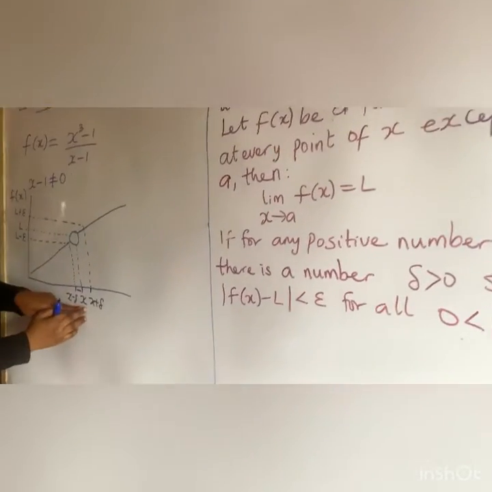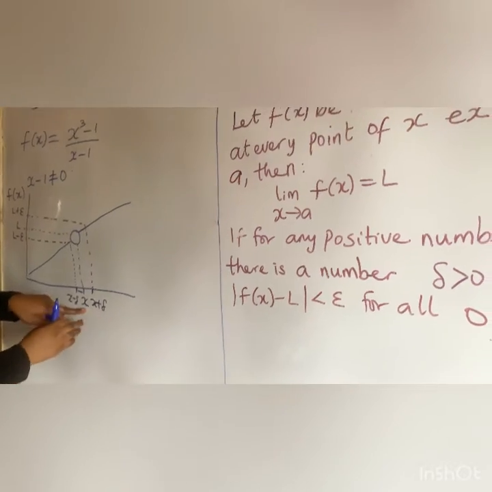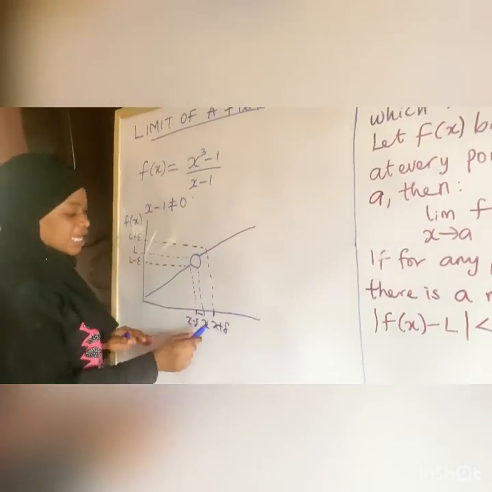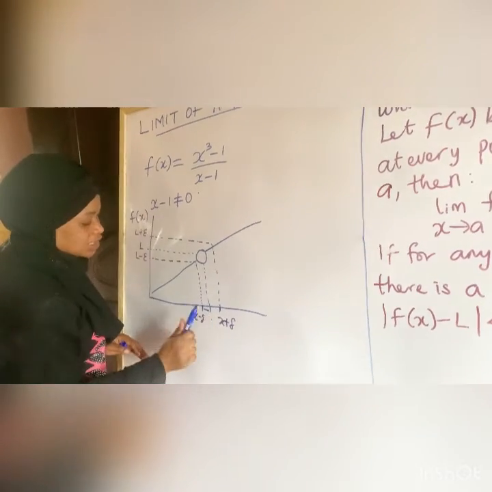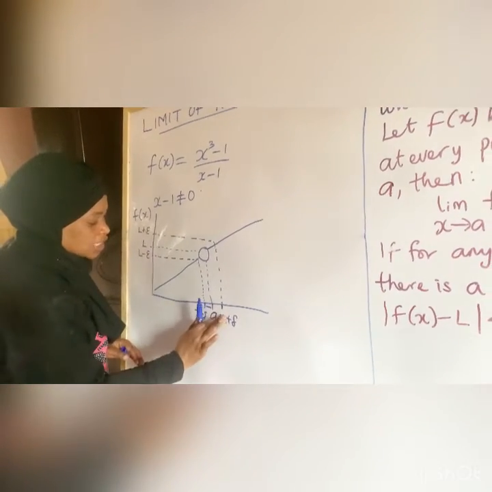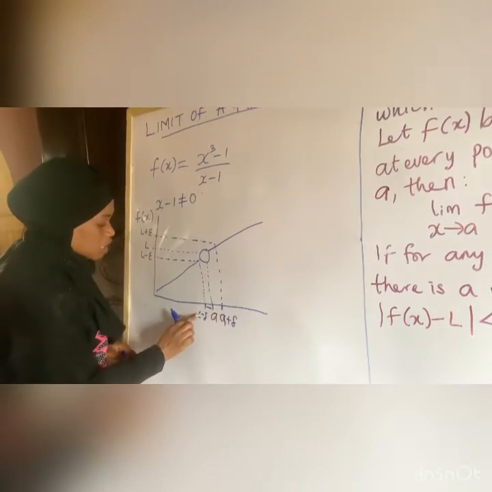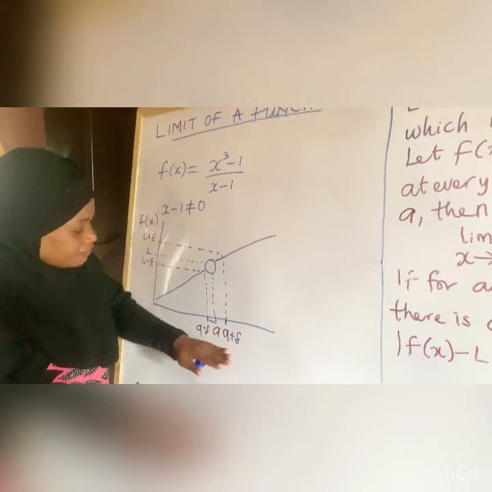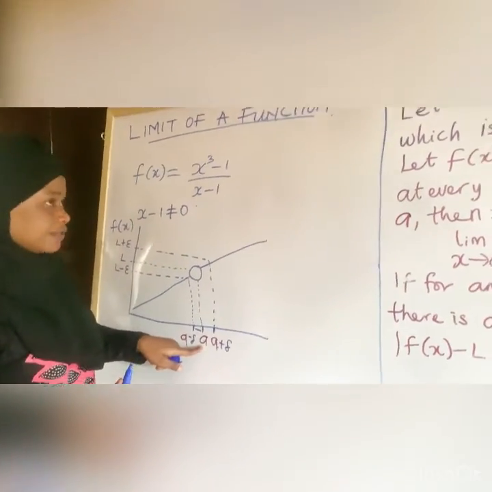So it will be defined at all values of x except at this point. Let's use A so that we will not confuse ourselves. It's not defined at this point exactly.